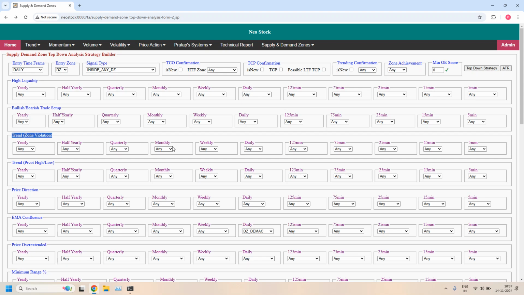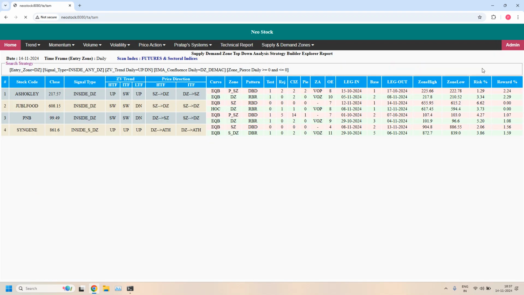So in the trend daily time frame, I am setting up or down. Now let's filter. We got only 4 stocks. These 4 demand zones have EMA Confluence and also price closed inside the daily demand zone. In that, one high liquidity daily demand zone is there.